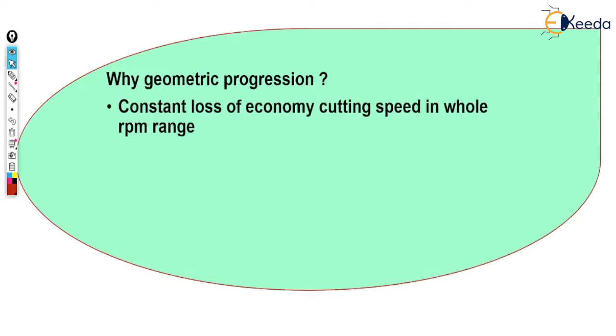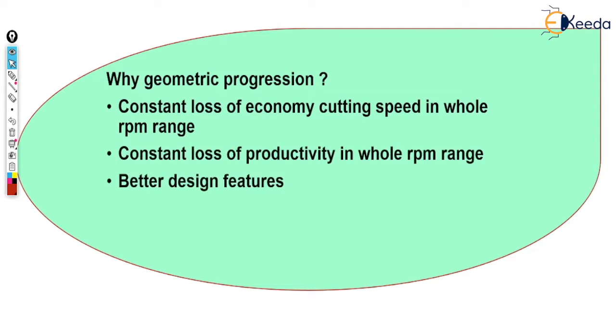What are the reasons to choose geometric progression? There are three main reasons. Number one, there is a constant loss of economy in cutting speed in the whole RPM range. Suppose the gearbox has a range of 10 RPM to 1000 RPM.